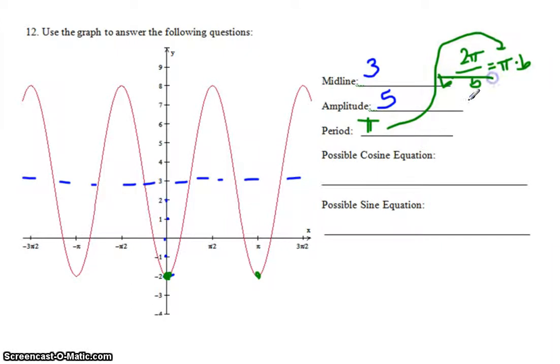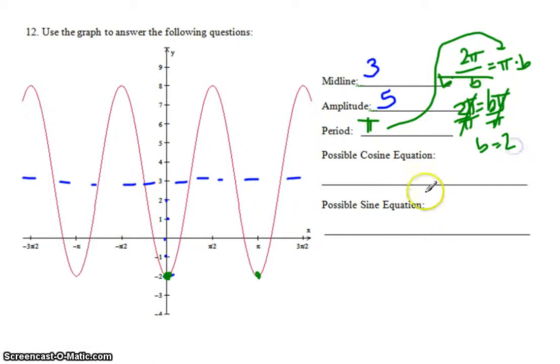Those cancel out. I get 2 pi equals b times pi. So now I need to divide both sides by pi. Well, 2 pi divided by pi is going to give me 2. So my b is going to equal 2.